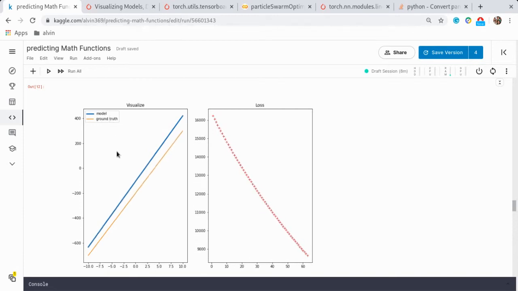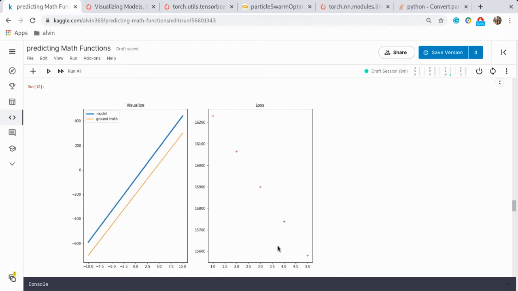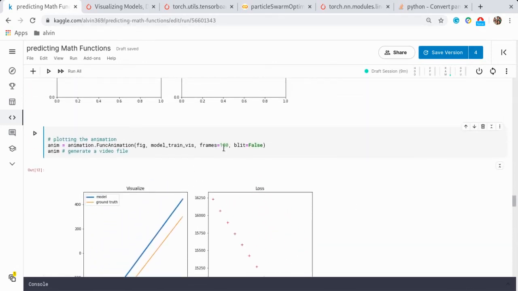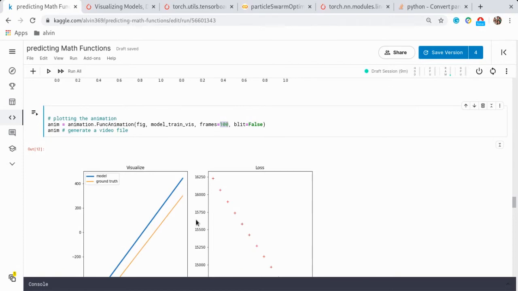Blue is the model line and yellow is the ground truth. The closer it gets, the more the loss will decrease. We used 100 frames, so it iterated only 100 times, and thus we get a model this way.